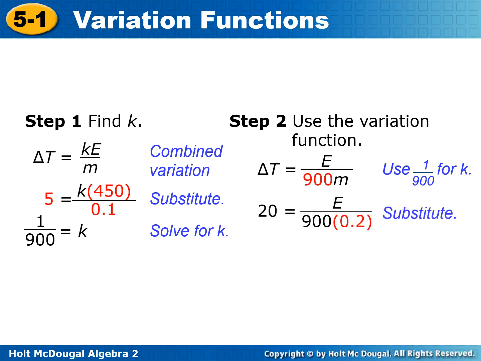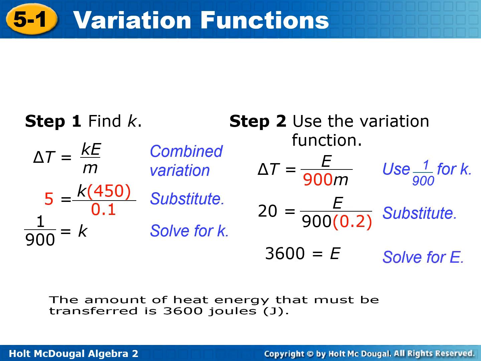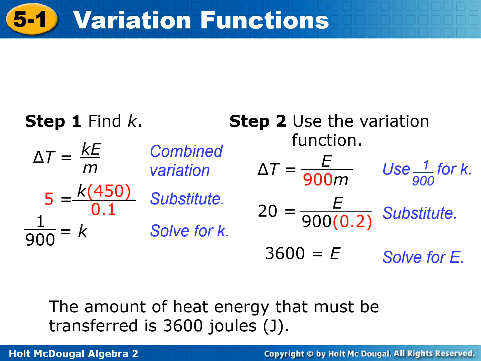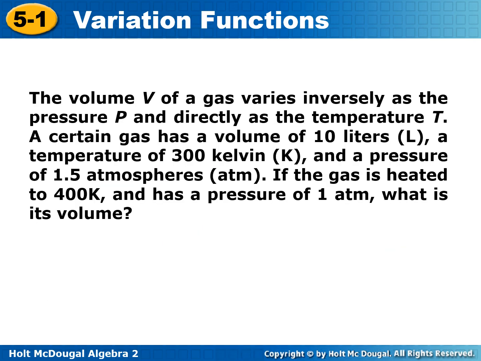So from here, we are going to substitute change in T, which is 20, and then we are going to cross multiply. So the amount of heat energy that must be transferred is 3,600 joules.